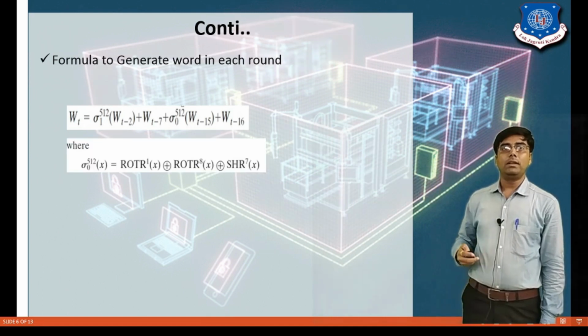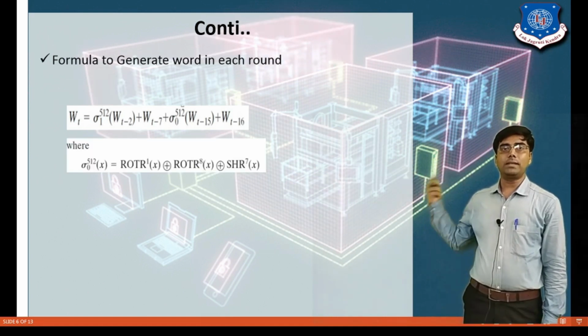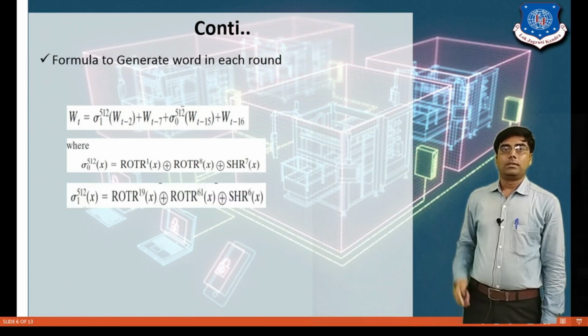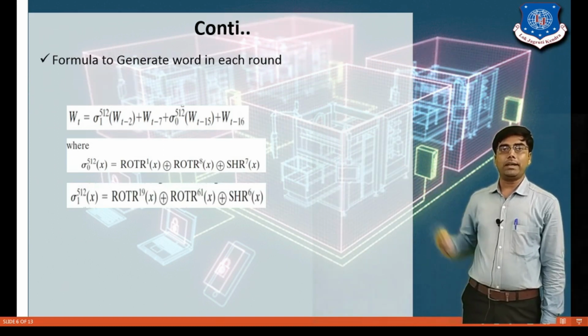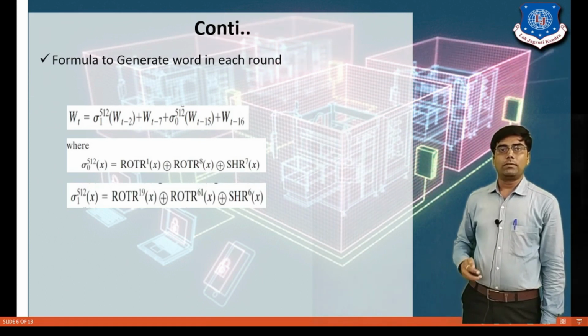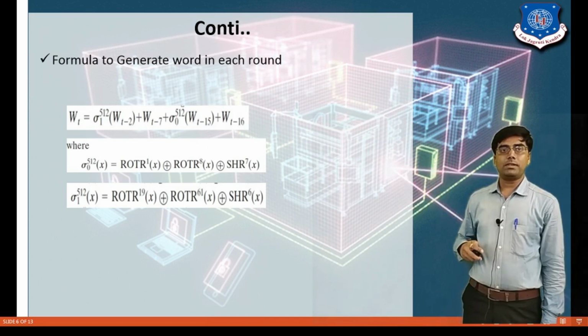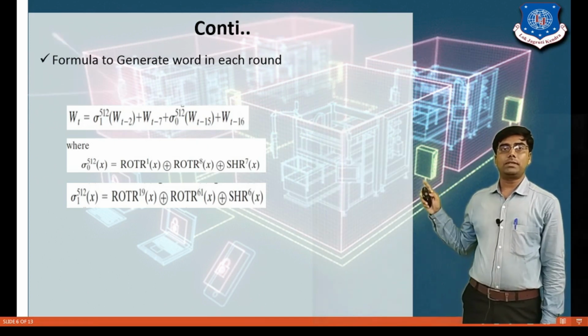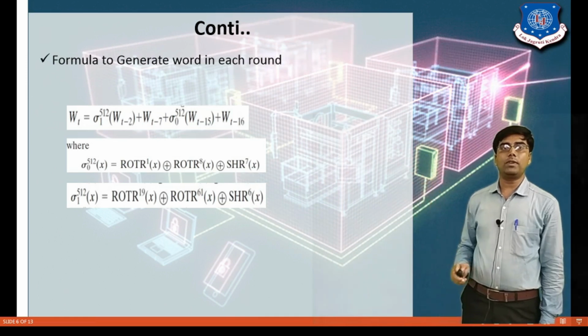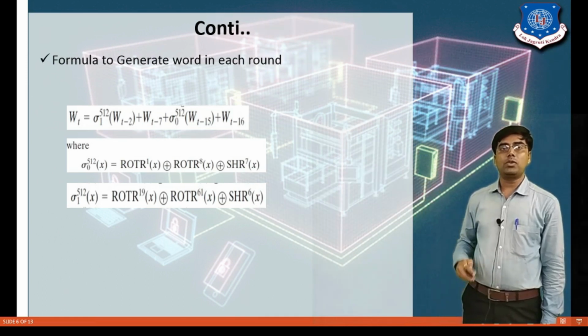We are applying the circular right shift on the plain text message. Here you can see ROTR raised to 1, so 1 indicates a 1-bit shift. So the first equation is sigma 0 512 inside the bracket x. How do we find this?